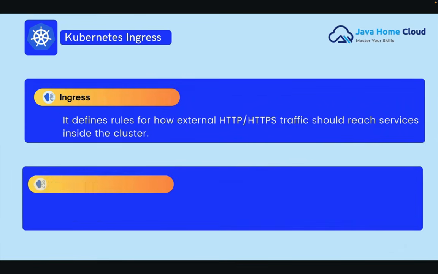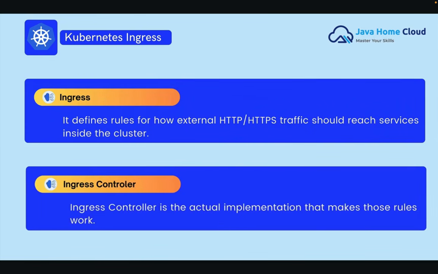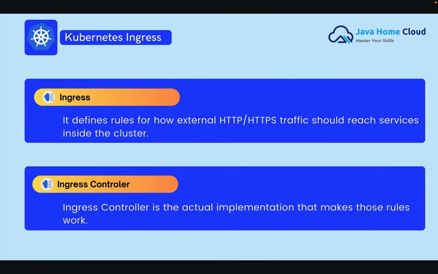The second component is the Ingress Controller, the actual implementation that makes those rules work. Whatever rules we define in Ingress, that implementation is part of the Ingress Controller. Kubernetes doesn't directly provide an Ingress Controller for us. We have a wide range of options available in the market. We should choose the one which best suits our requirements.